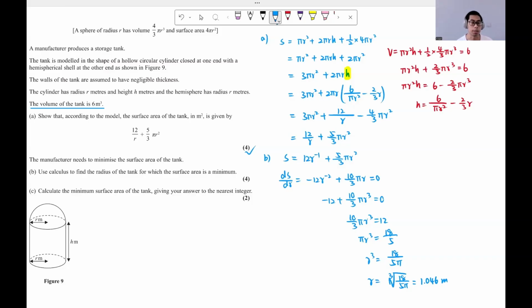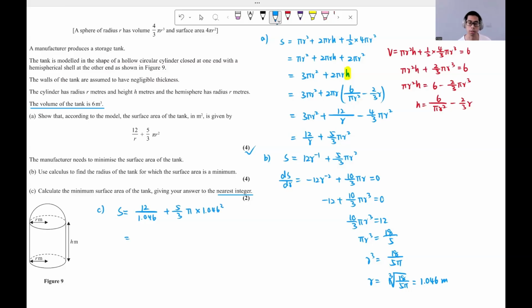For part C, calculate the minimum surface area of the tank, giving your answer to the nearest integer. We already have the radius when the surface area is minimum, so now we just have to work out that minimum surface area by plugging back into the surface area equation. S is equal to 12 over r, which is 1.046, plus 5 over 3 times pi times 1.046 squared.